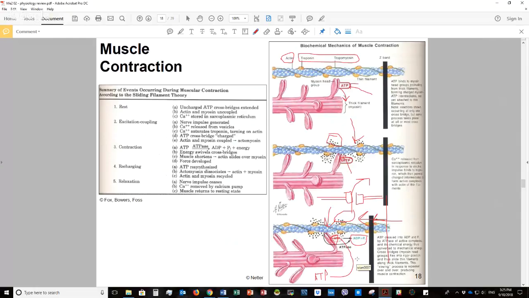So if the nerve impulse has stopped, those pumps go. And once they've got enough calcium out of there, then you're going to get back to this resting state, like at the top figure, where there's no calcium. That troponin and tropomyosin bind back to their sites, and they block the myosin from doing what it wants.